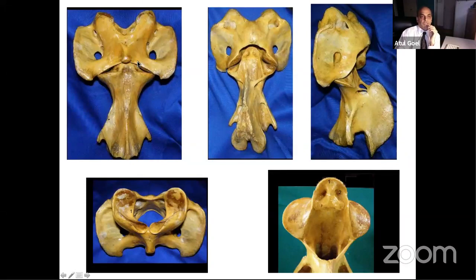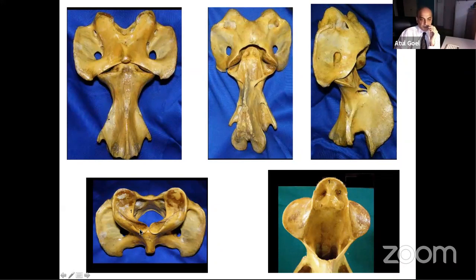This is the C1 arch. You see the beauty of this arch. This is the C1. You see quite a deep facet for the condyle of the occipital bone, very deep condyle.